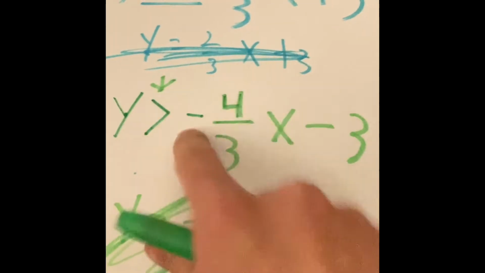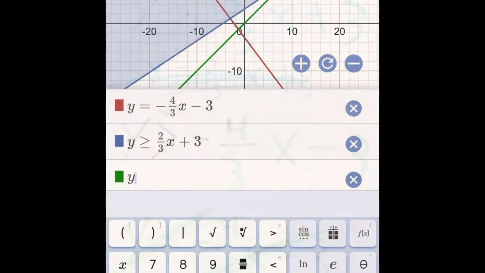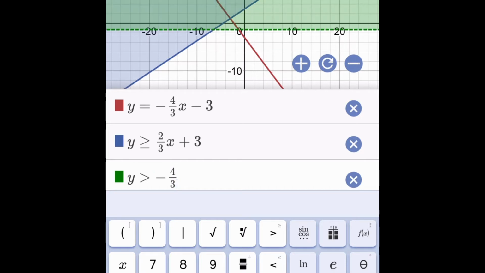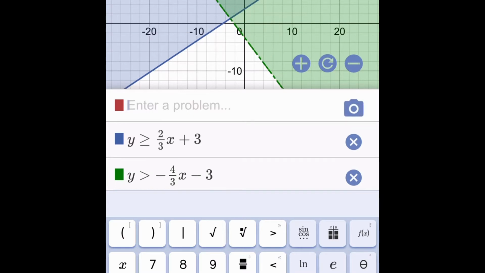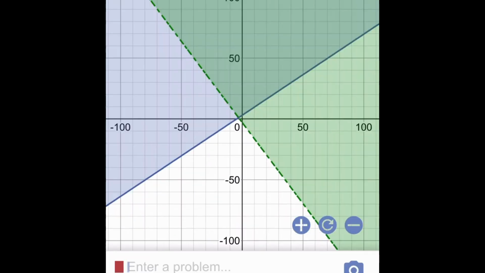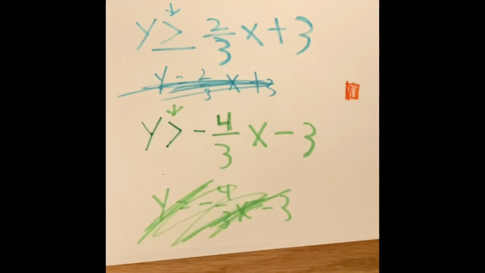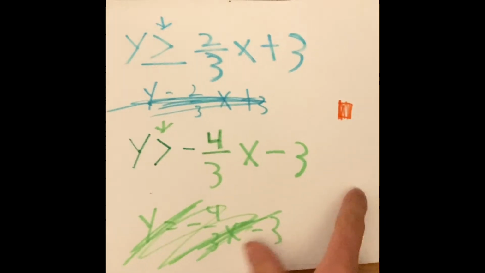Y is greater than negative 4 over 3x minus 3. Great! Now we have put the green equation in.